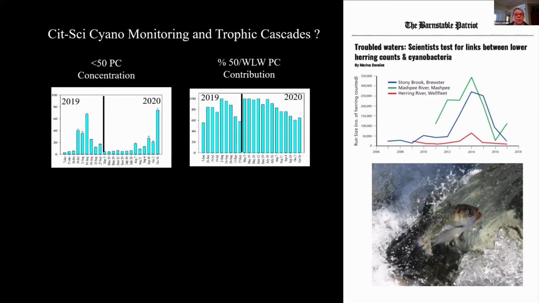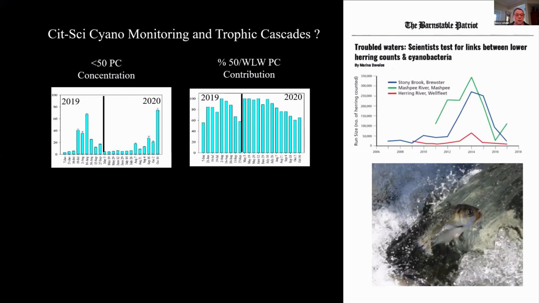So we've decided that we are going to continue our monitoring, and our sampling will include phycocyanin, which is what we typically use for our monitoring program, specifically the less than 50 micron size fraction. And we want to look at not just the concentration of the phycocyanin, but also the contribution of the less than 50 to the whole lake water fraction, because that may provide us more information and relate it to the process of aerosolization.